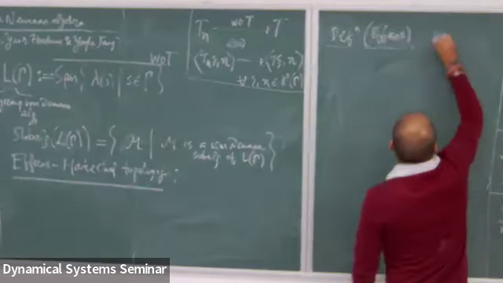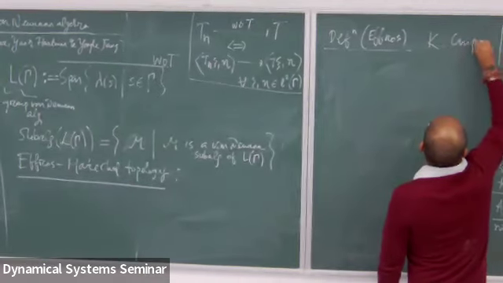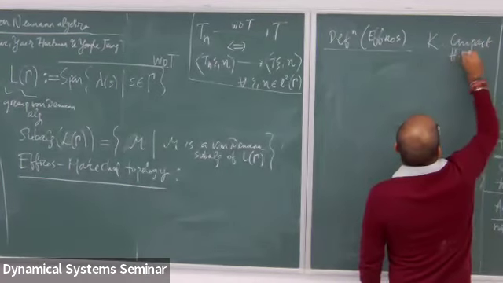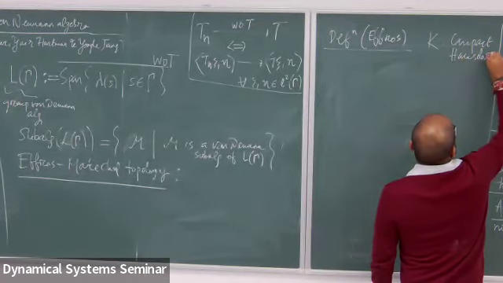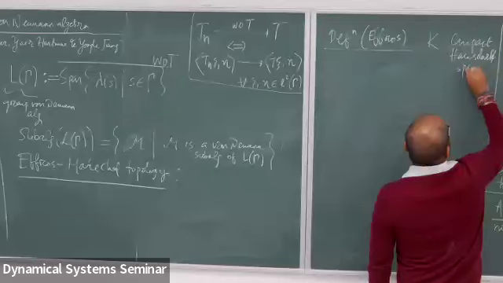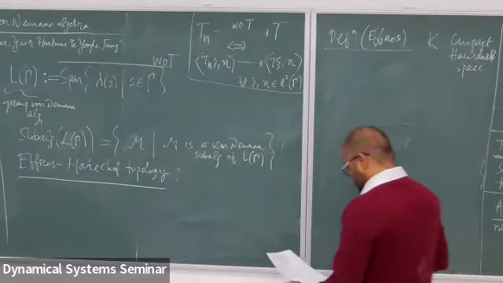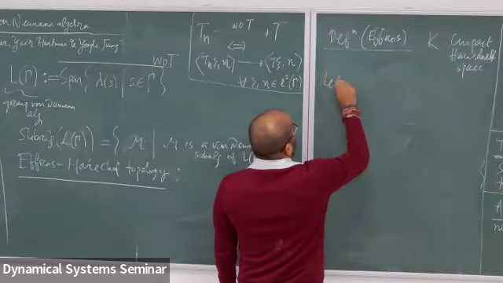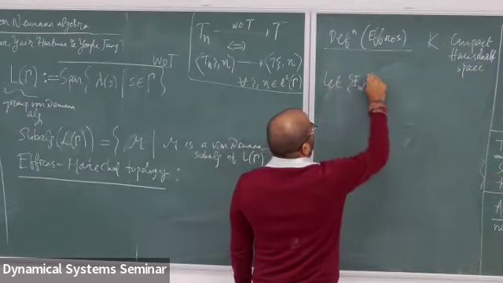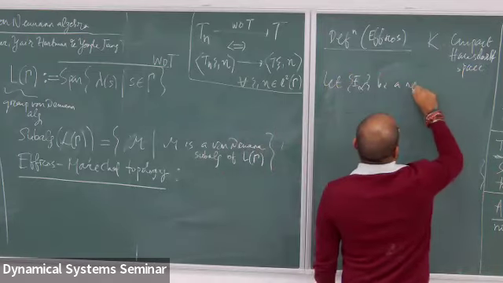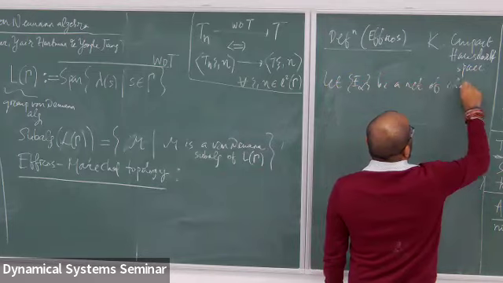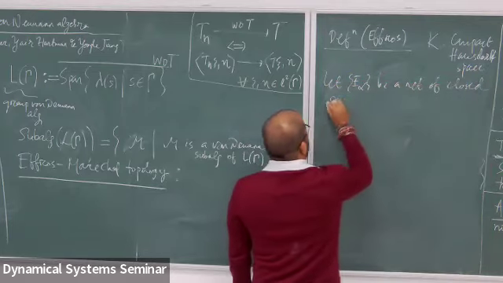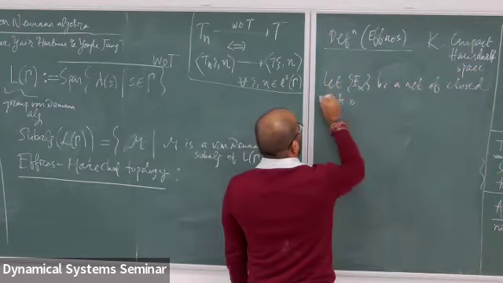So let K be a compact Hausdorff space, and let E_alpha be a net of closed subsets of K.